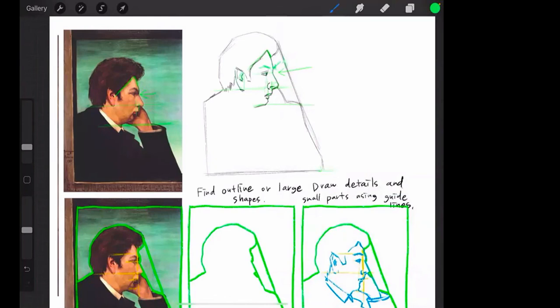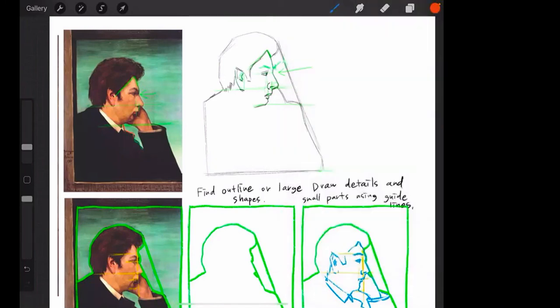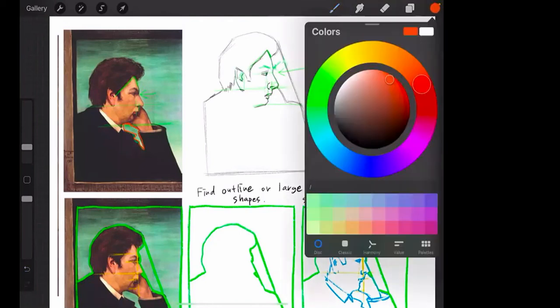And now you can find this. I will color it with red, so you can find the shape here. Okay.